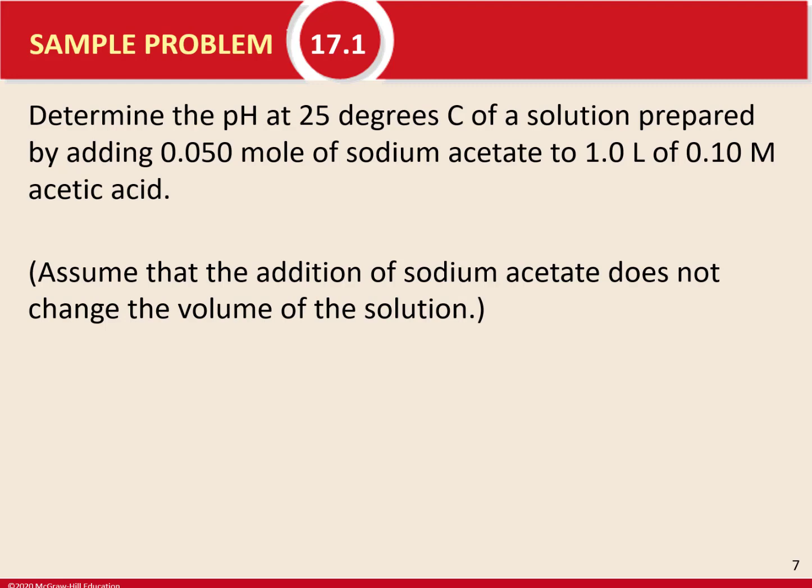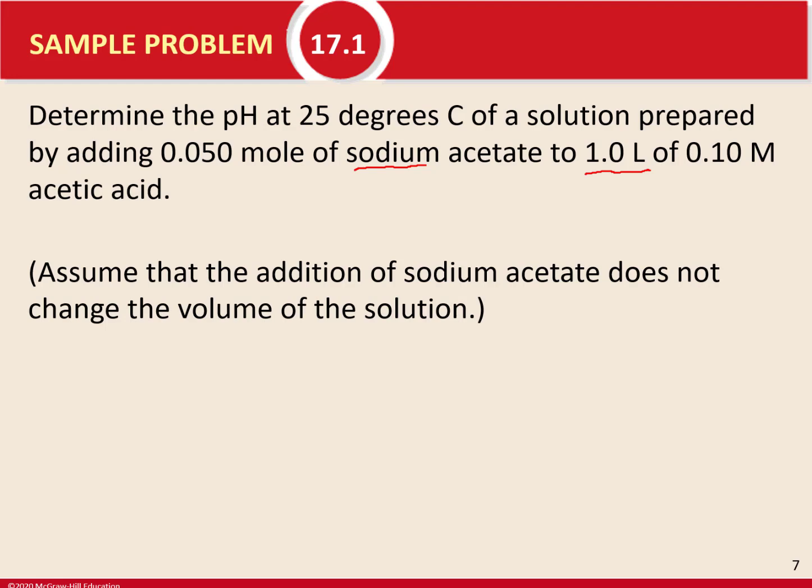It says determine the pH at 25 degrees Celsius of a solution prepared by adding 0.050 moles of sodium acetate to a liter of 0.10 molar acetic acid. Assume the addition of sodium acetate does not change the volume. So the volume is going to remain constant, even though we've added some sodium acetate, and that does take up space. We're going to assume the volume does not change, and that makes this problem a little bit easier.